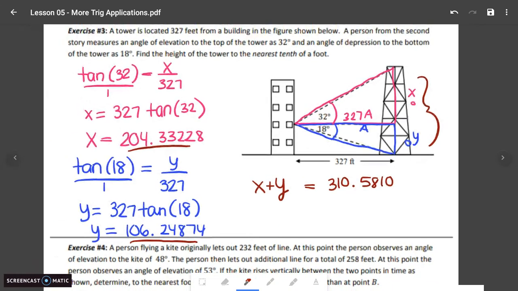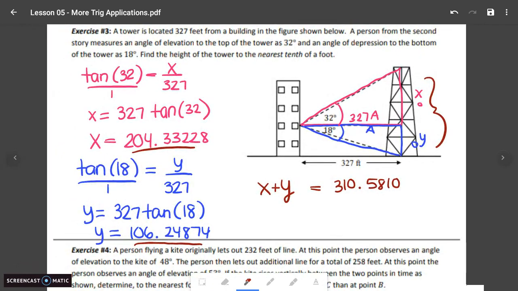And I'm going to check back to the nearest tenth of a foot. So we're looking at 310.6 feet. Remember that 8 rounds the 5 up.